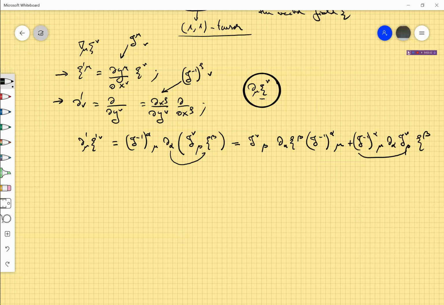This term is an inhomogeneous term in the transformation. It does not depend on the tensor itself, which is the partial derivative of psi, but a would-be tensor, because the conclusion is that the presence of this term makes this not a tensor. So this is not a tensor.